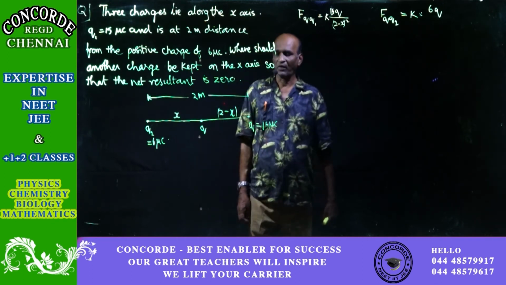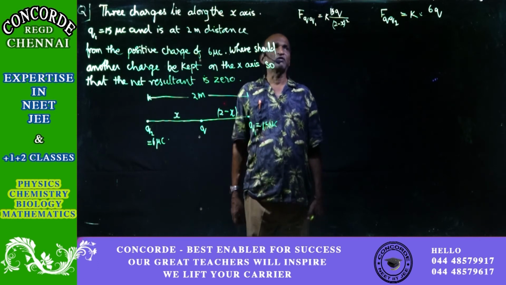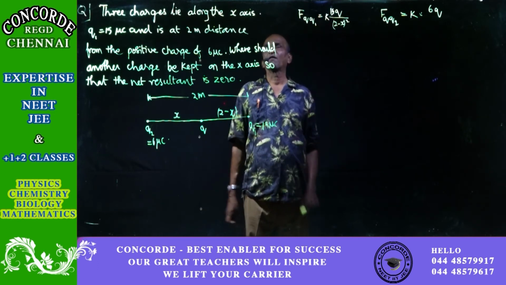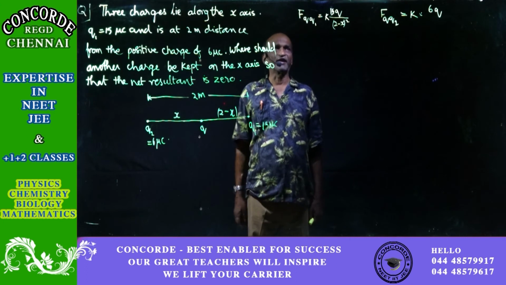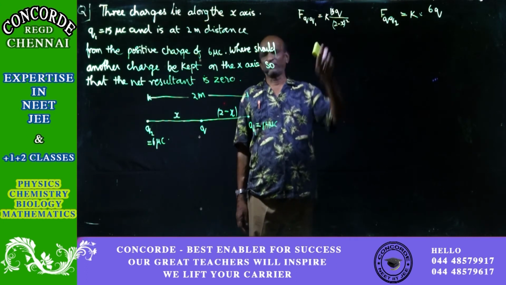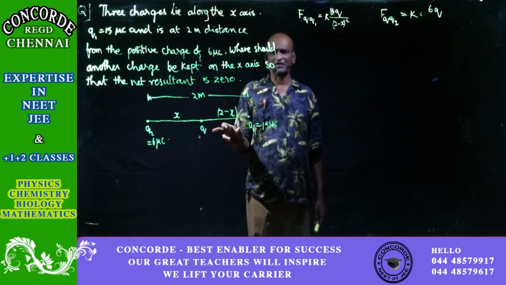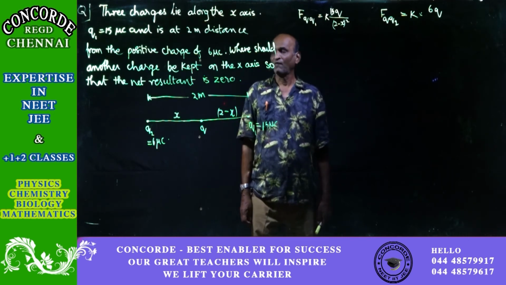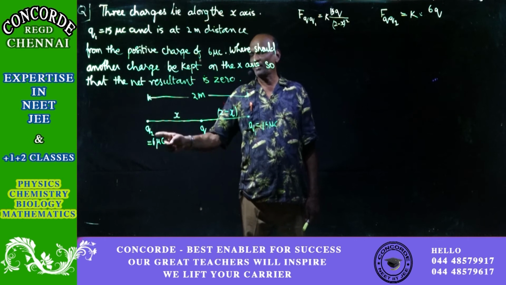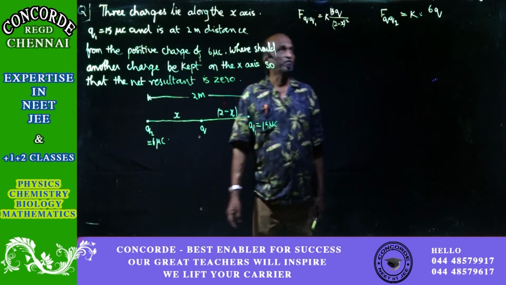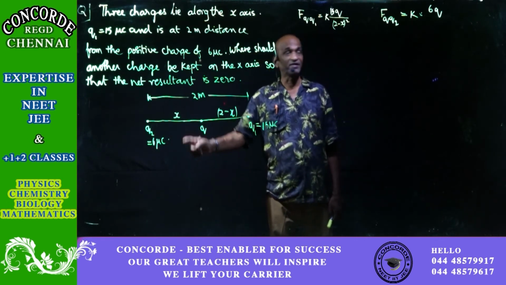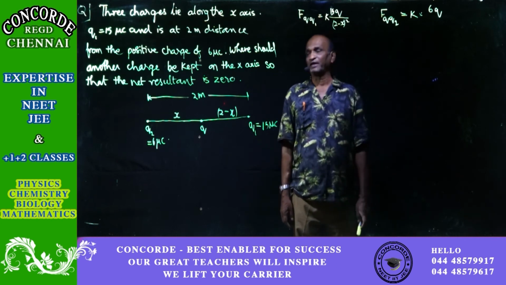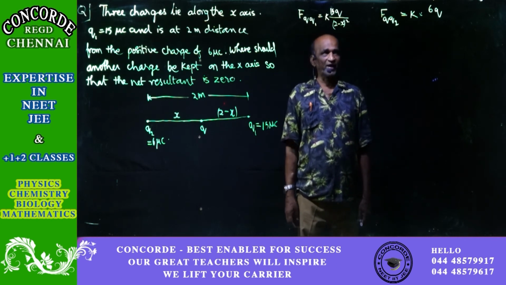Well, the first charge is given equal to 15 microcoulomb, and the other one we have taken it equal to Q. K is always there, the distance between the two we have taken it equal to 2 minus x. Then with Q and Q2 also a force is formed, and the distance between them has been taken equal to x.